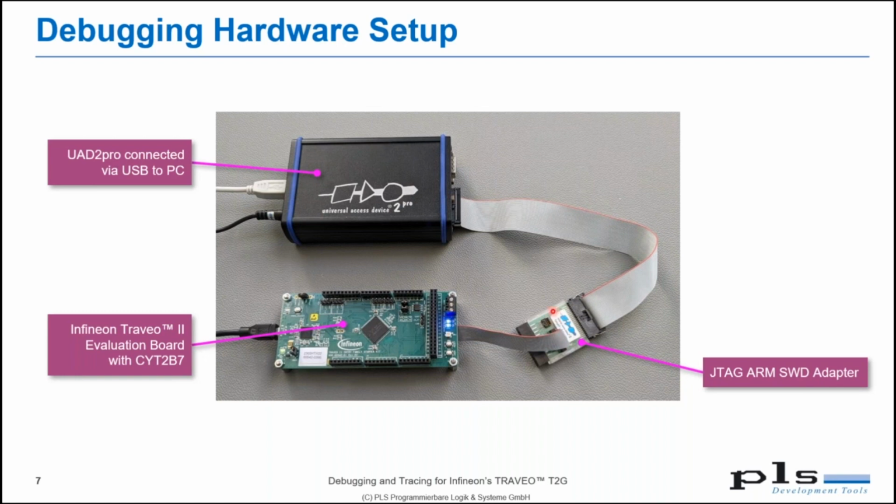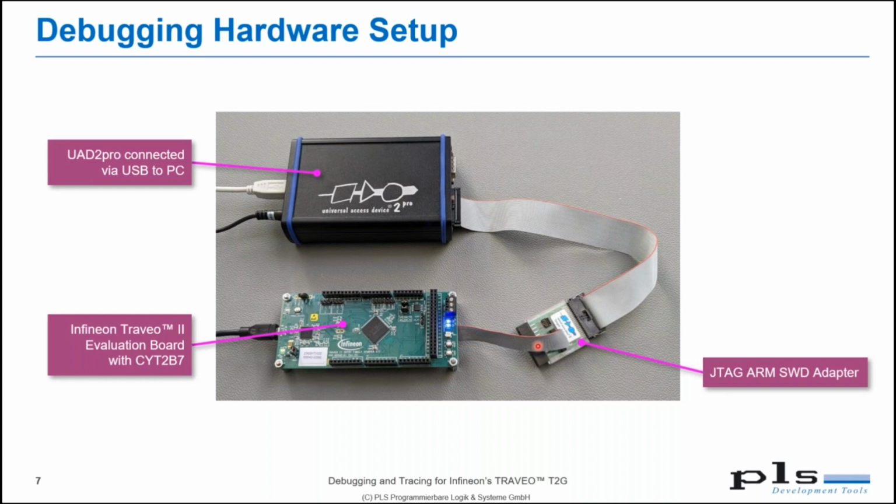Here you see there are some connectors available for the different types of connectors that we have on ARM-based devices. By the way, this adapter is the only target-specific part in the debugger hardware setup.